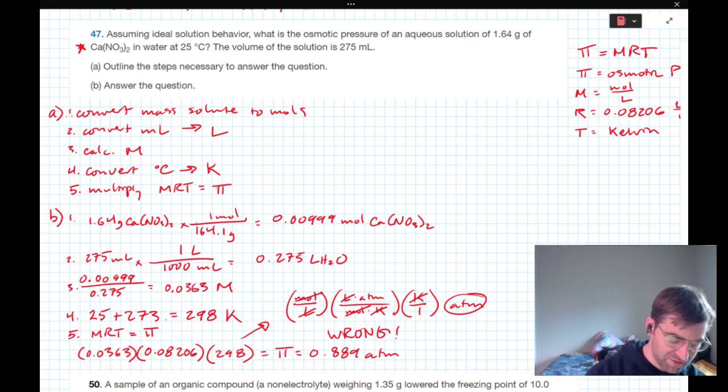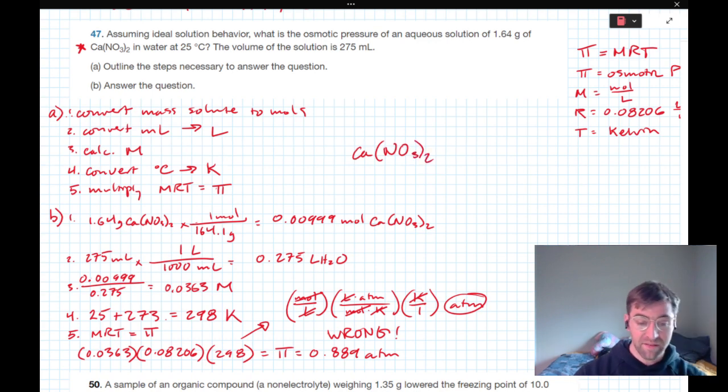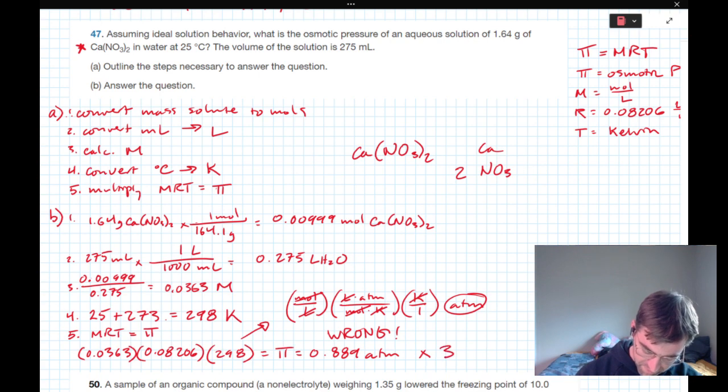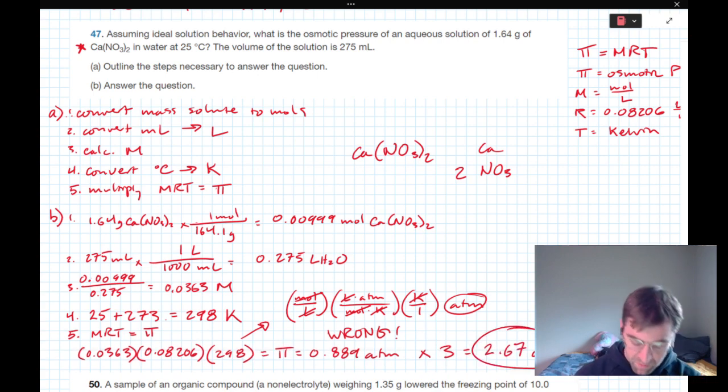So this is an aqueous solution of calcium and 2 nitrates. This will dissociate in water to be calcium by itself and 2 equivalents of nitrate by itself. So our final answer, we have to multiply by 3, and that will give us 2.67 atmosphere. So be really, really careful about this.